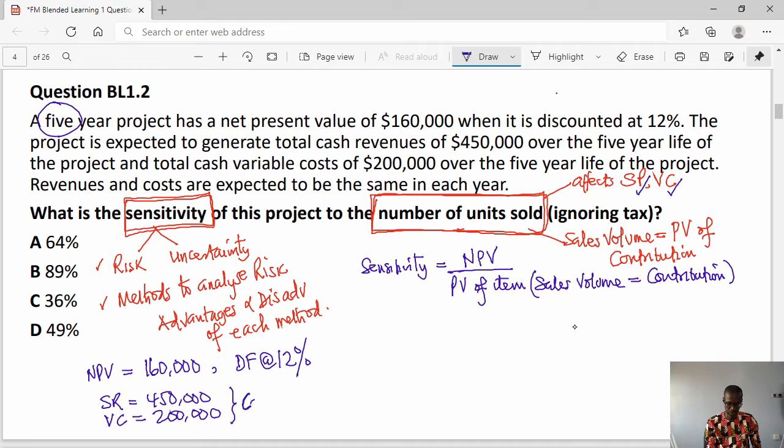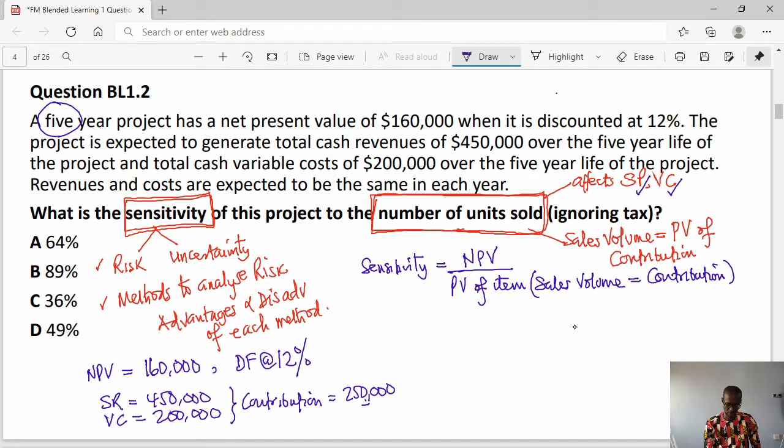Contribution is sales revenue less variable cost. So 450,000 less 200,000 gives us contribution of 250,000 over 5 years.